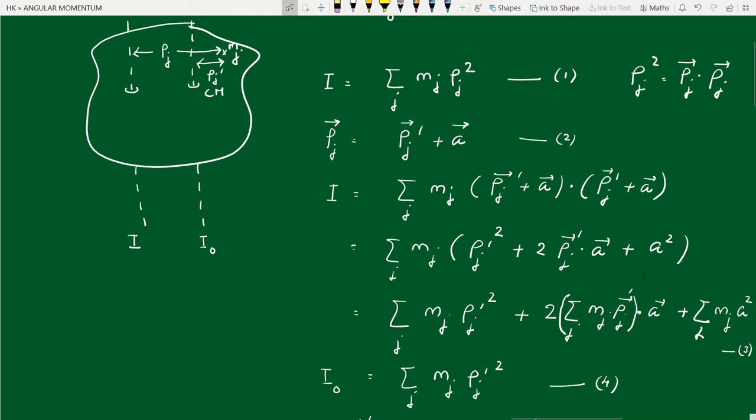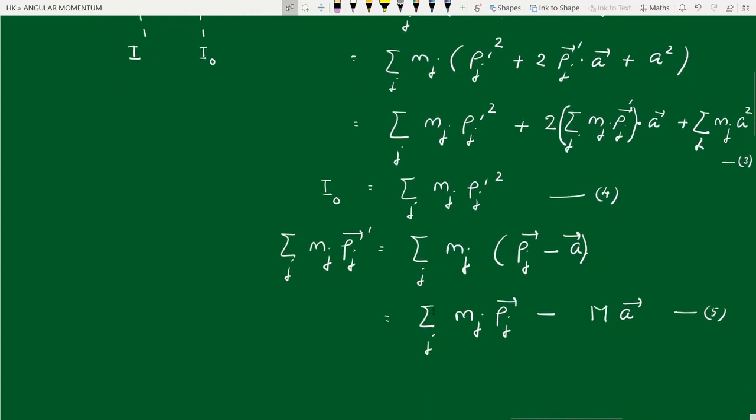Suppose we have this body, and this is the center of mass of the body. So what is the idea of center of mass?